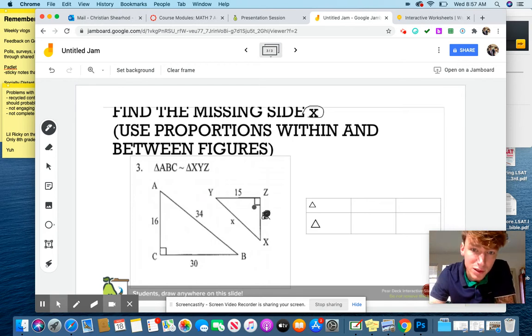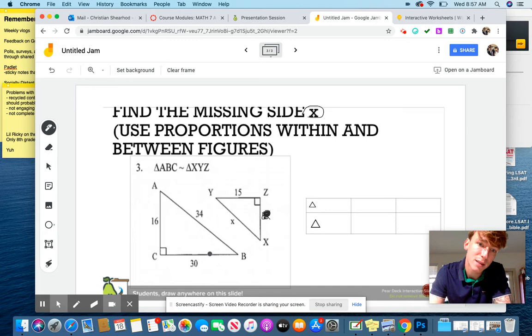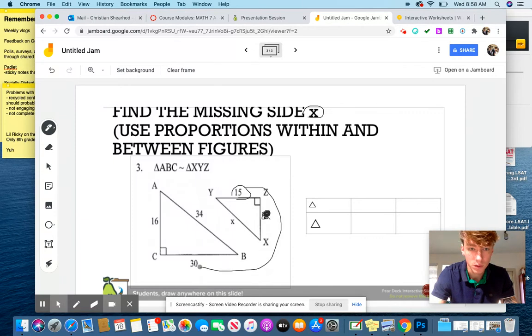So if we took this right angle and put it right exactly where this one is, we kind of just flipped that triangle, it looks like the 15 would go with the 30, right? Gotta be. So we have 15 with this 30.